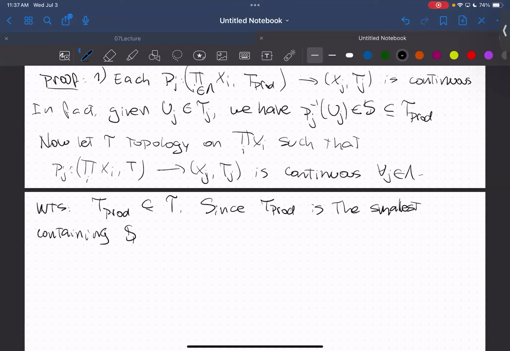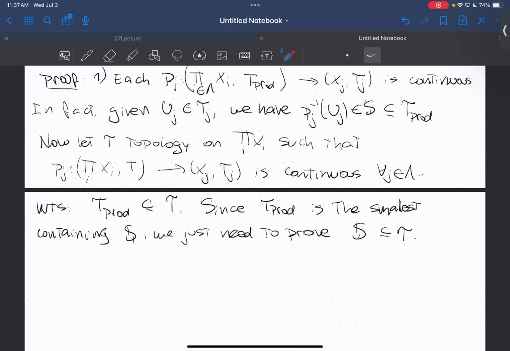Instead of proving this inclusion, we just need to prove that S is inside this given T. Right?